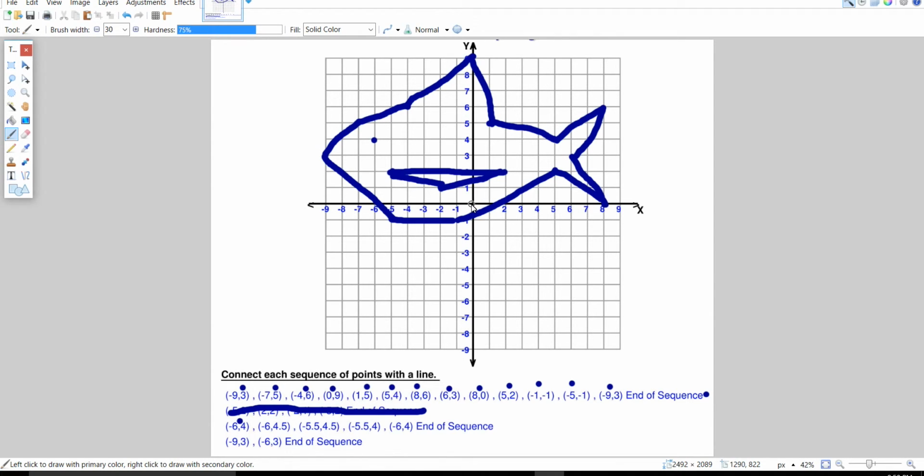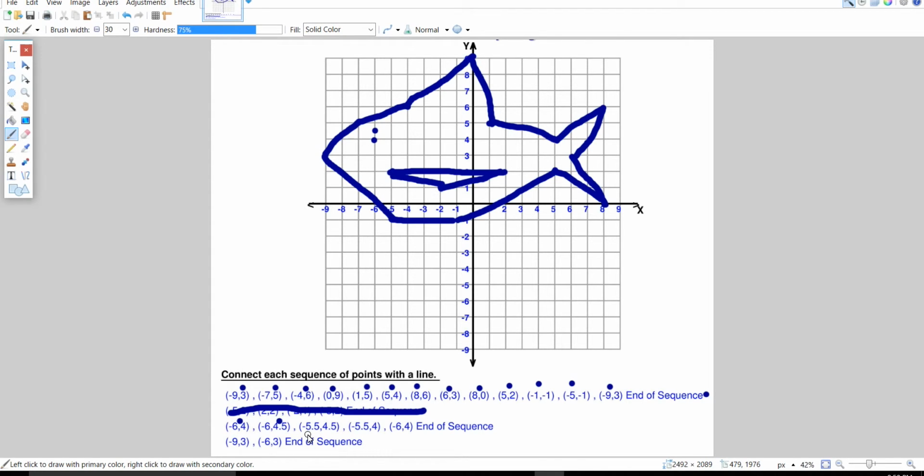We start at our origin, go to negative 6 as we normally would, go up to 4 as we normally would, and when it says 4.5, it wants us to go halfway to the next number. So, halfway between 4 and 5 would be right here at 4.5.